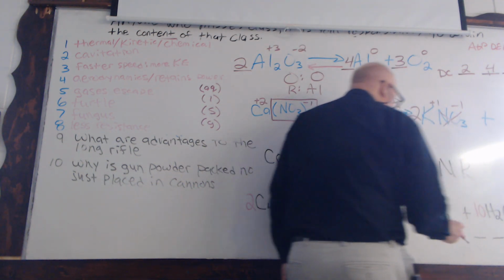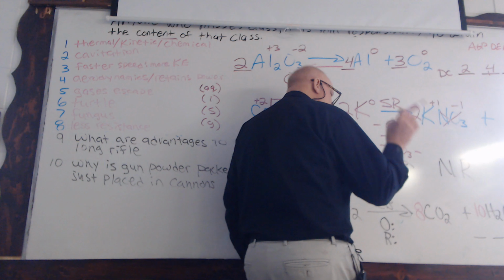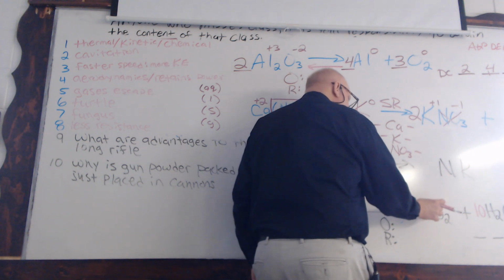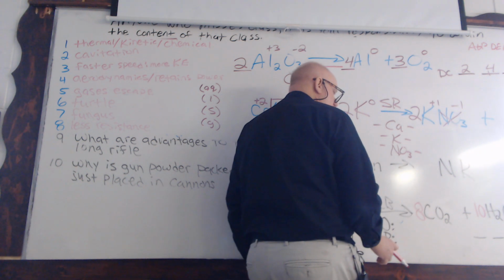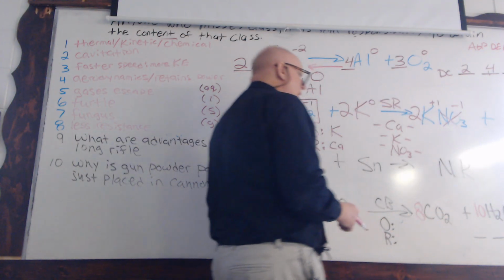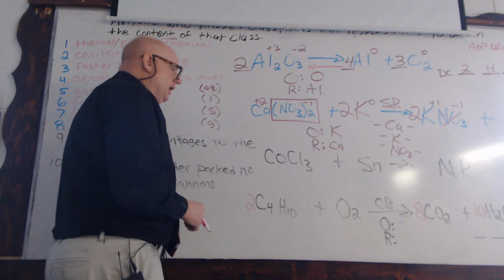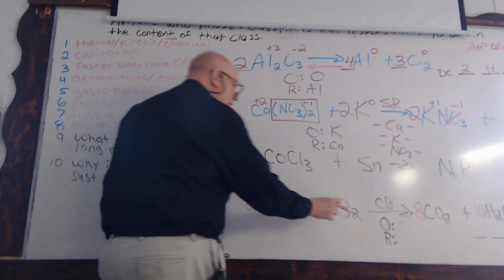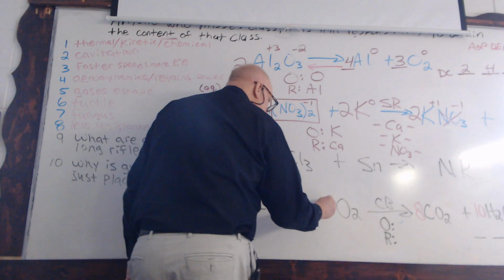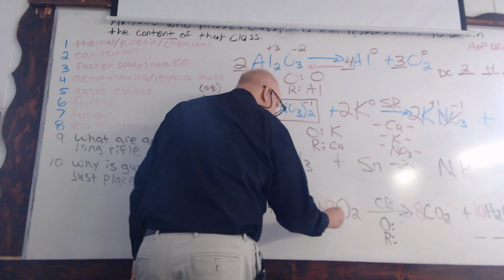Now for our oxygens, 8 times 2, 16, 10 times 1. So we've got 16 plus 10 is 26. We got 2 over here. 26 divided by 2 gives you 13.